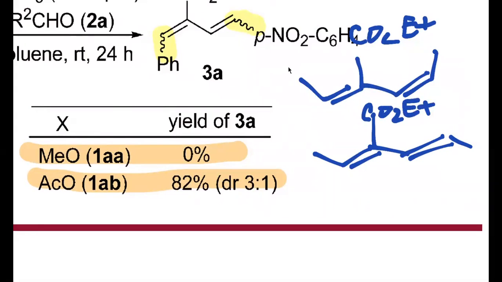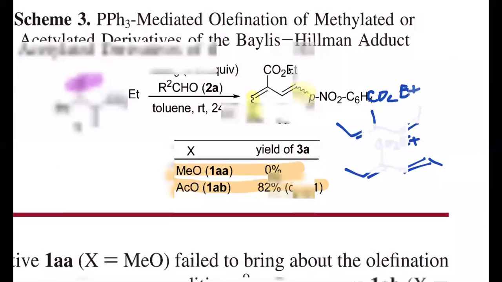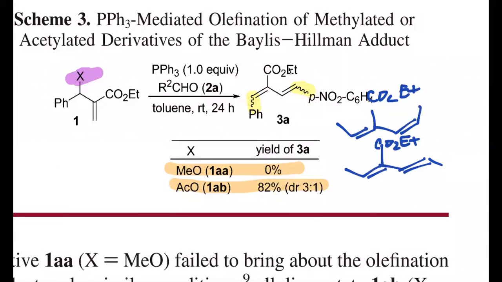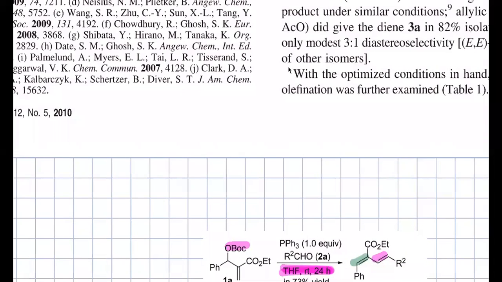Again, they're testing different components of the reaction. They tested what we can make X. X as an acetate works, methoxy doesn't work. And this is all testing the scope of the reaction.